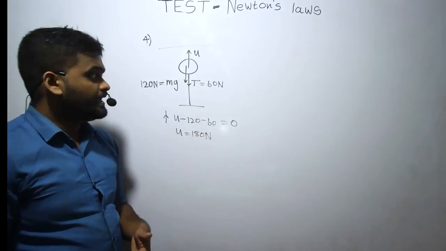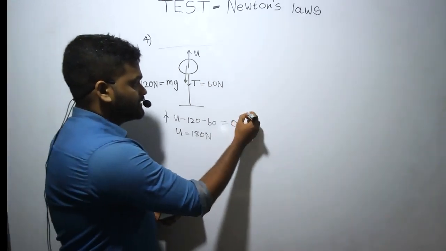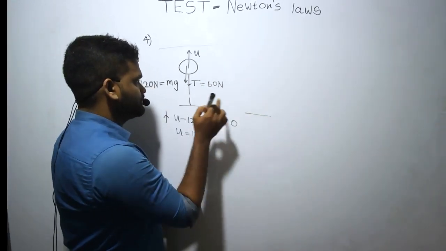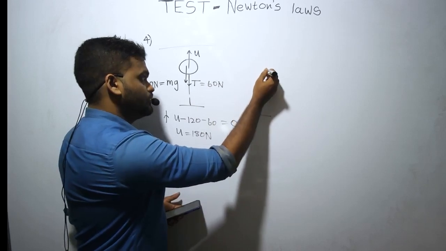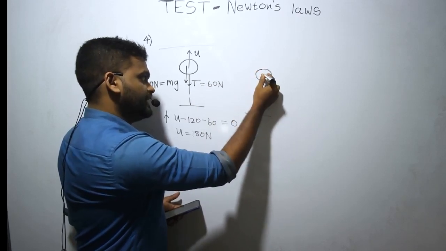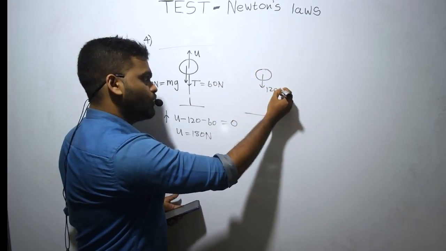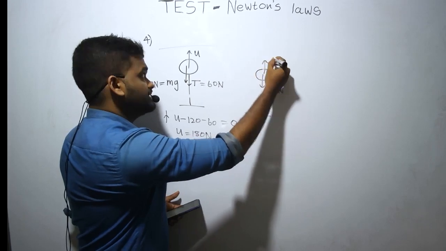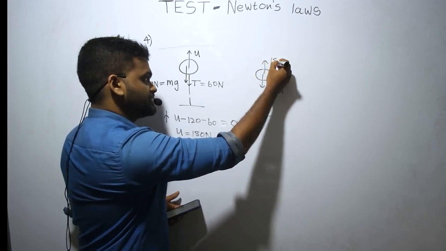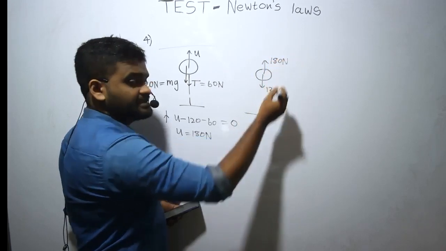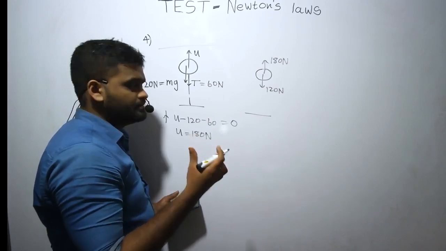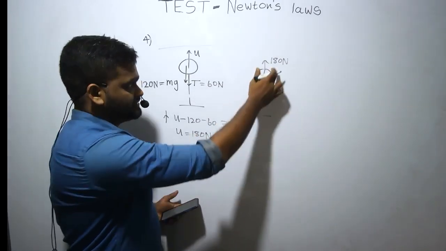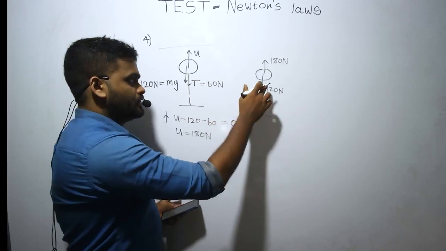Okay. Then what they say is the string is cut off. So the tension is gone, right? No longer can the weight of the ball balance the upthrust, because the upthrust is 180 newtons. Upthrust doesn't change. Upthrust is dependent on the volume, density, and g. Cutting the string doesn't change the upthrust.